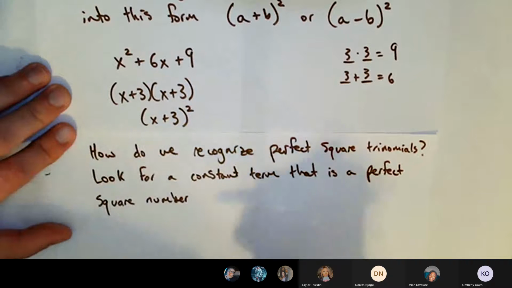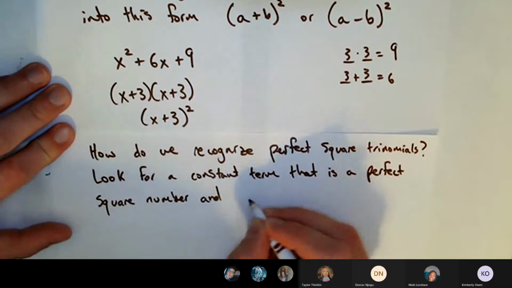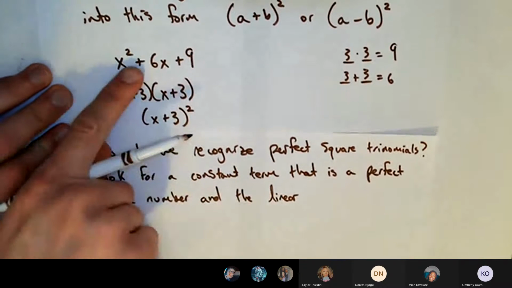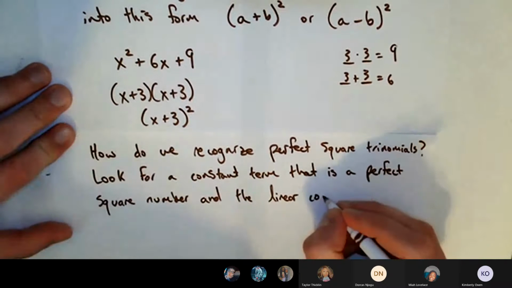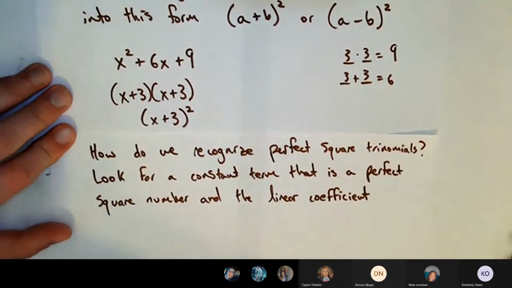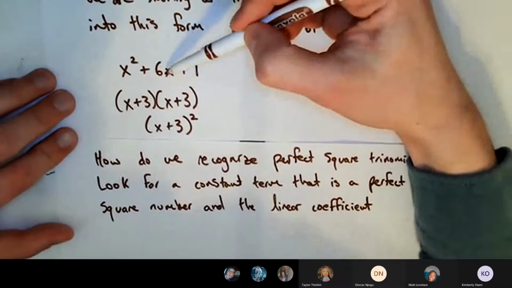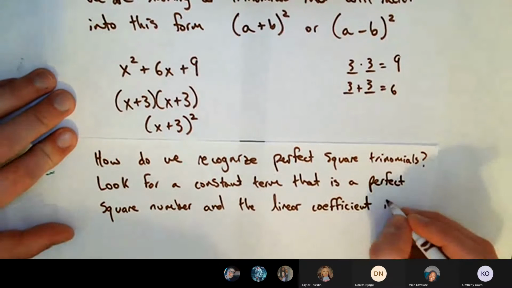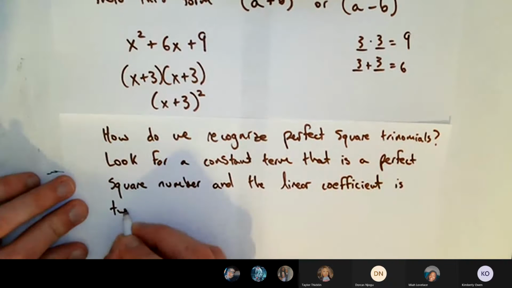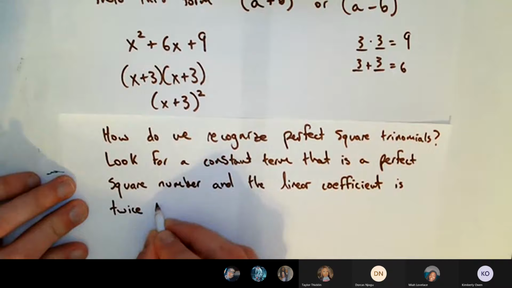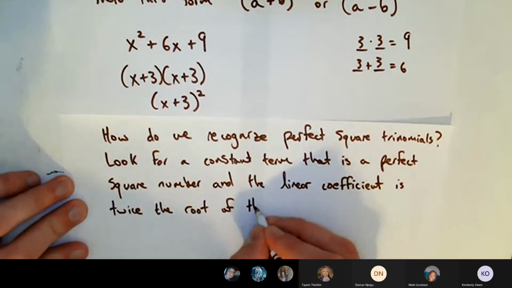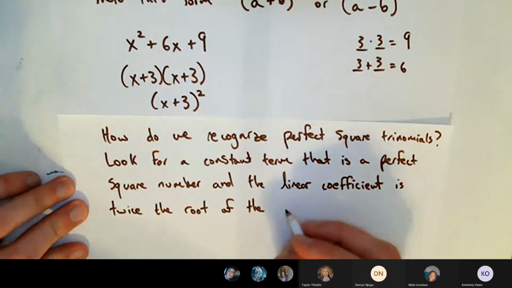There's something special about the middle number, the linear coefficient, the 6 in this case. If you like, you can just call it the middle number, the number attached to x. Now this is a bit more of a mouthful, but it is twice the root of the constant.